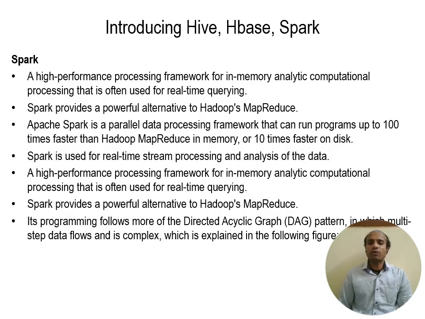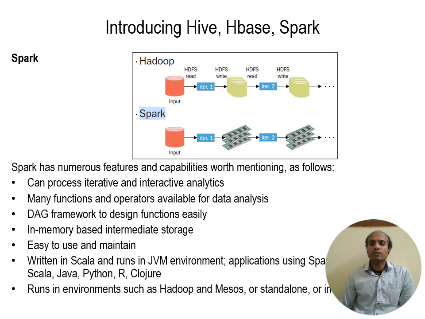Its programming follows more of the directed acyclic graph, which is the DAG pattern, in which multi-step data flows are complex, which is explained in the figure. So in this figure, you can see a high-level look of Spark's architecture.